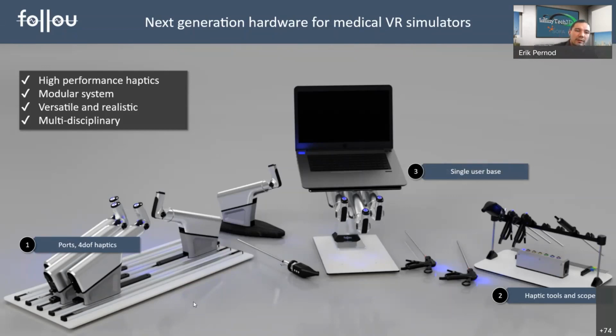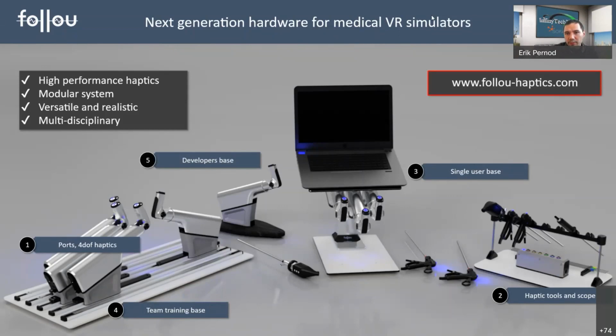And you can create some multidisciplinary setup, because you can create a single user base, also a team training base, and a developer base. And if you want to see more details, you should go to the Follow Haptics website. And Frederick Olson is also here at the event, and will be in the breaking room if you have some questions about the hardware.